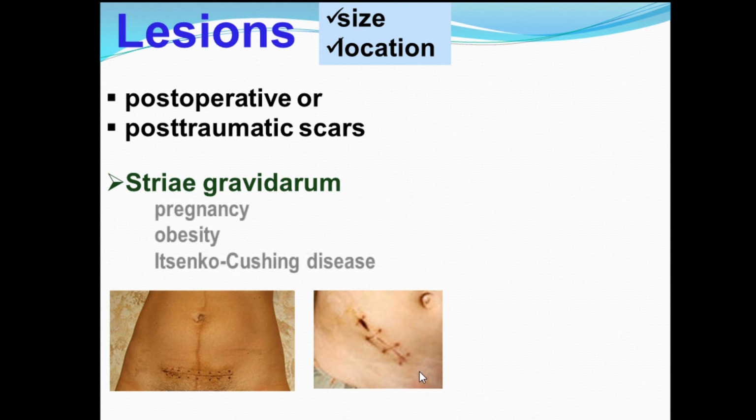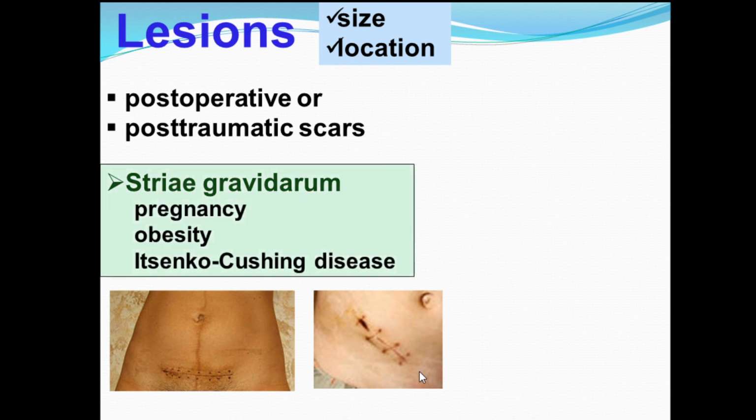Striae gravidarum appear in some women after pregnancy, and are characteristic for the patient with obesity, who periodically significantly loses weight, then again increases, again loses and increases, and cannot adequately respond to the change of body size.